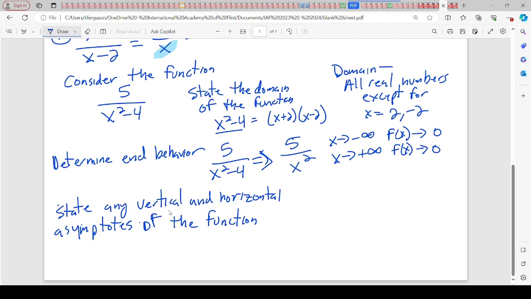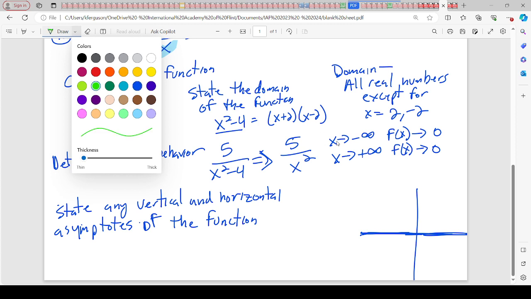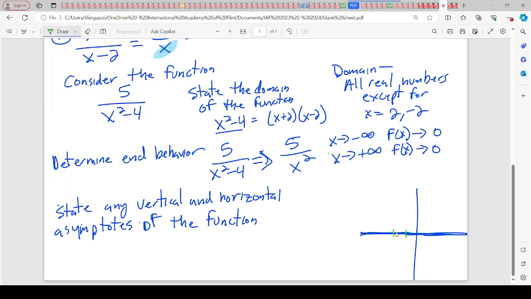So now I got to state vertical and horizontal asymptote lines. So what the heck does that mean? Well, when I've got a graph, and I think of, okay, what is the domain? The domain is the x's that I can plug in. So if I've got exceptions, they act like invisible guidelines that I can't use.